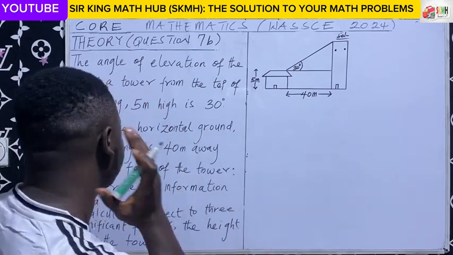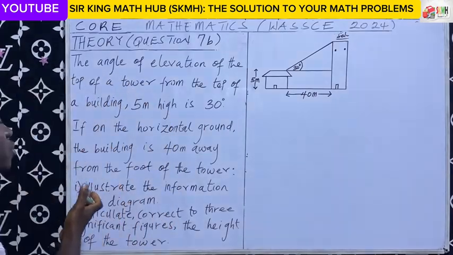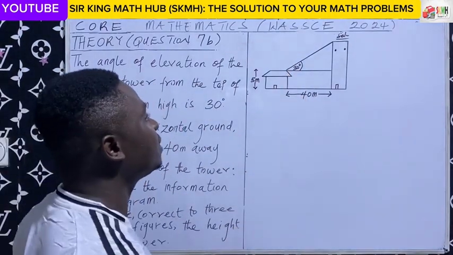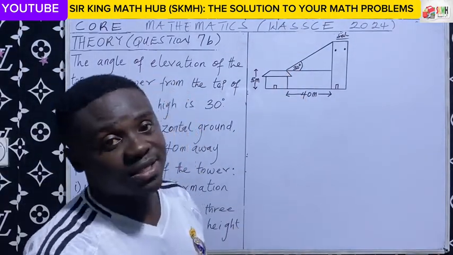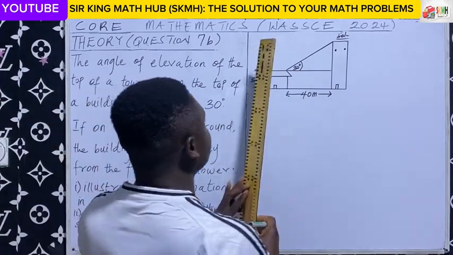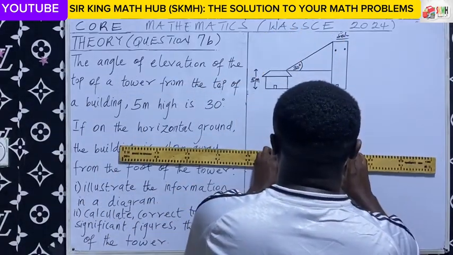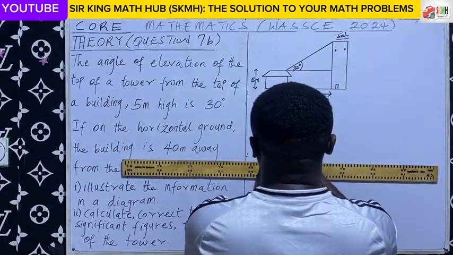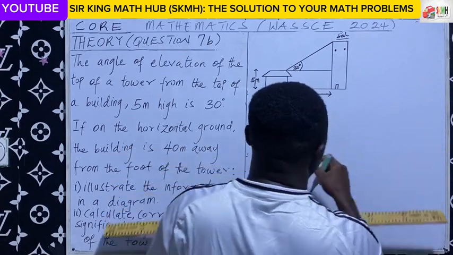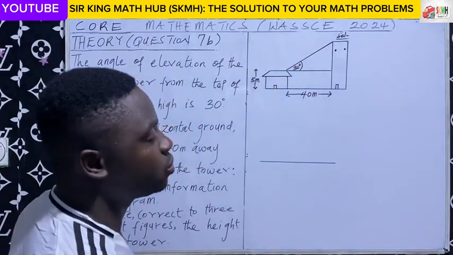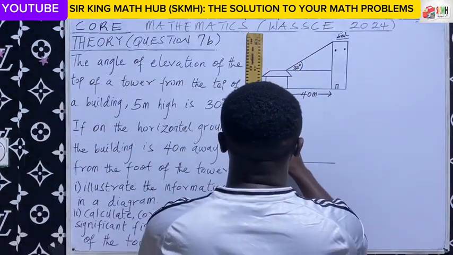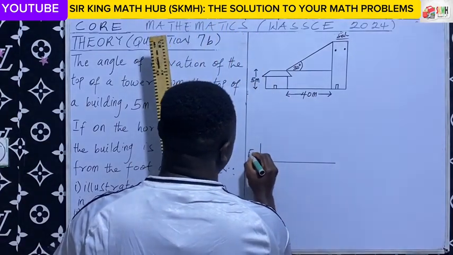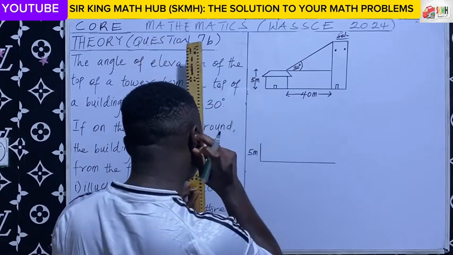So now we see that the I part says we should illustrate the information on the diagram. Yes, that is what we have done. But I want us to illustrate it on a simple diagram. So in the simple diagram, we have our horizontal ground, and this will be our building, the height of 5 meters.